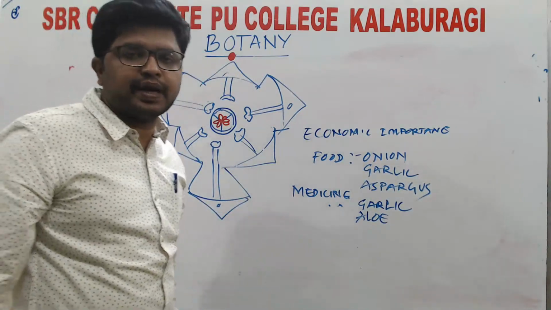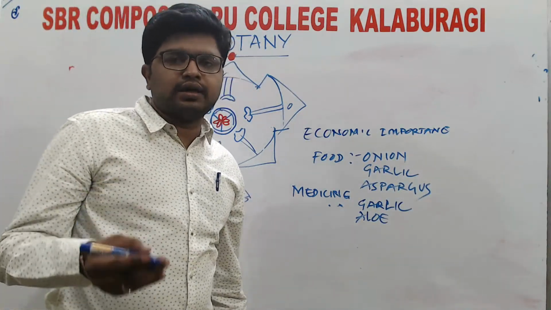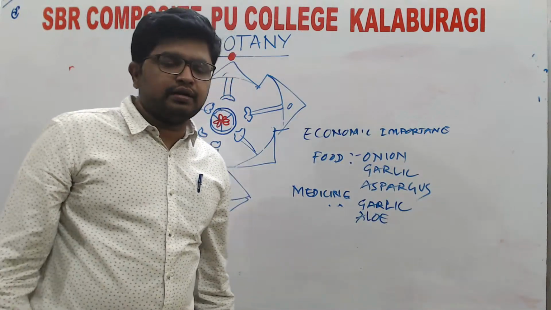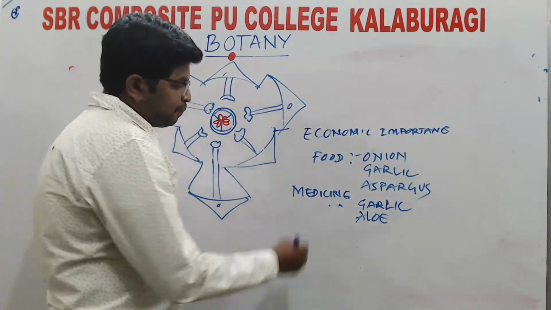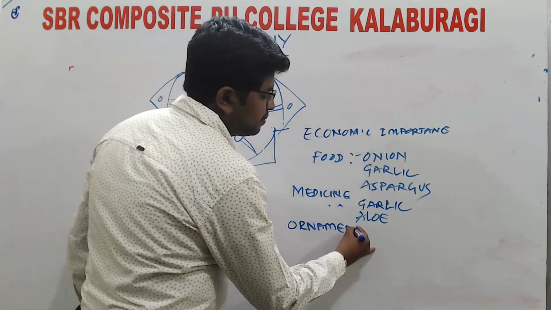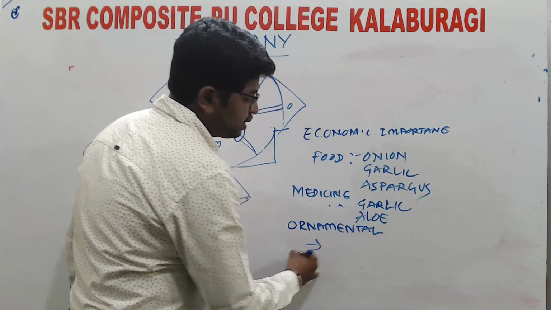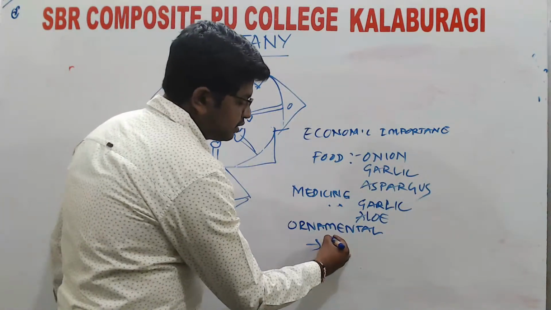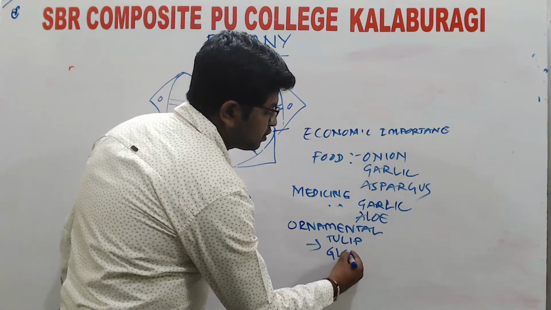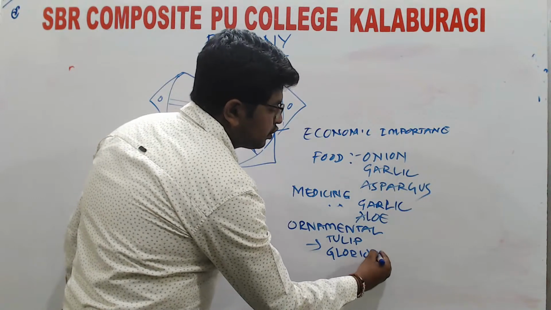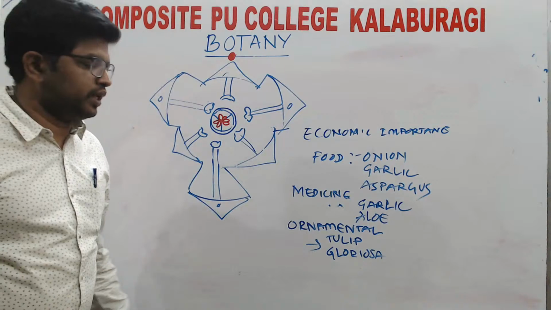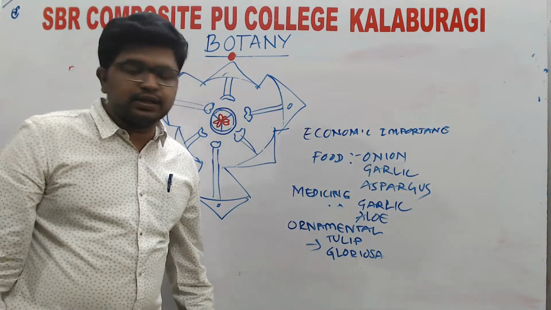Garlic is used as anti-diabetic, against heart disease, and also in treatment of rheumatoid. Ornamental: you can consider tulip and gloriosa. These are ornamental plants.